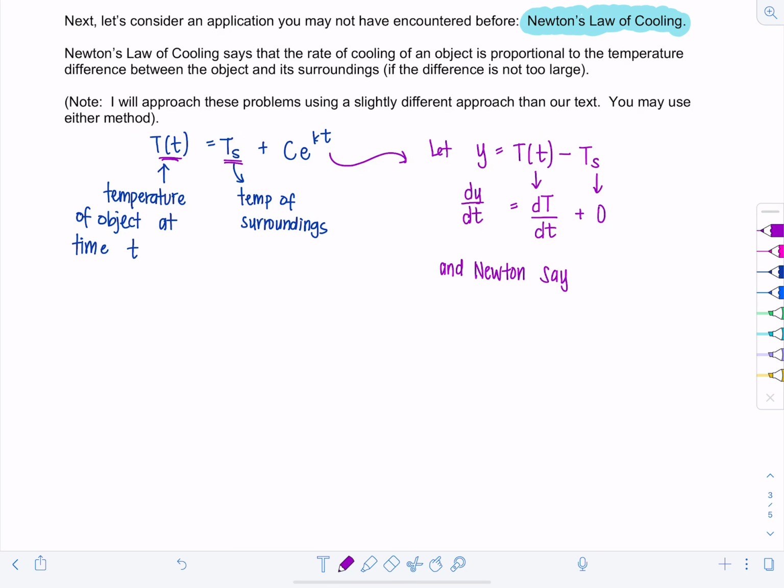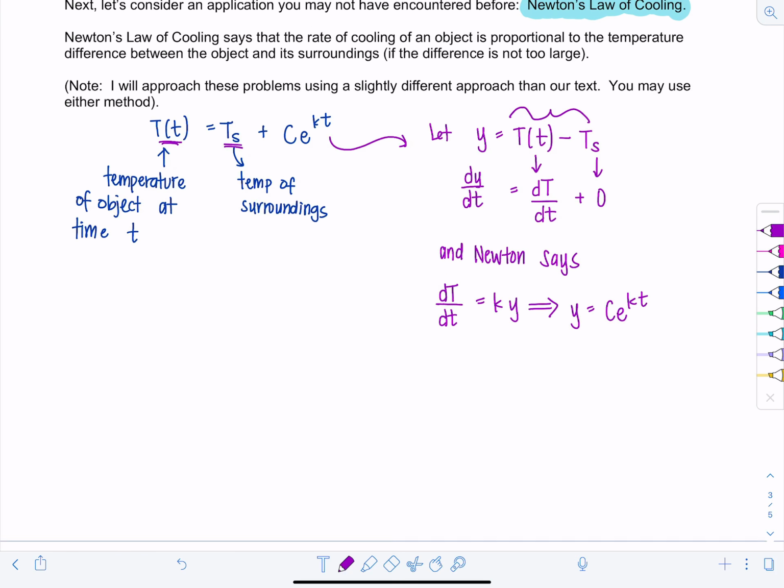Well, Newton says that the rate of change of temperature with respect to time is equal to some constant times y, the difference between the temperature of the object and its surroundings. And we know that y has the form c times e to the kt.